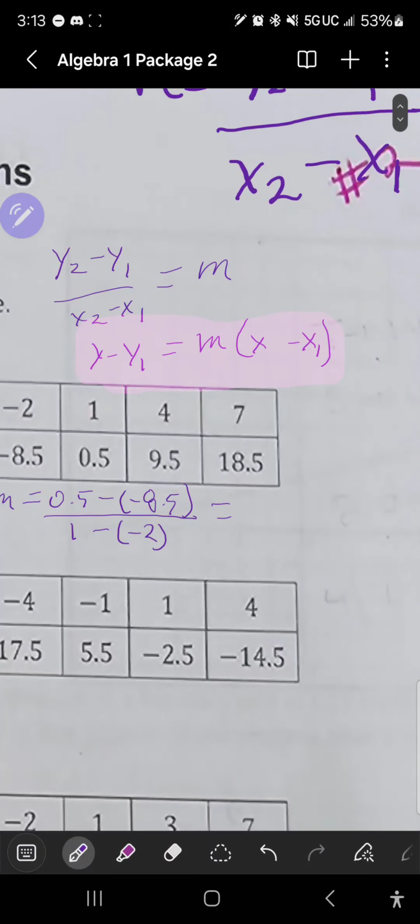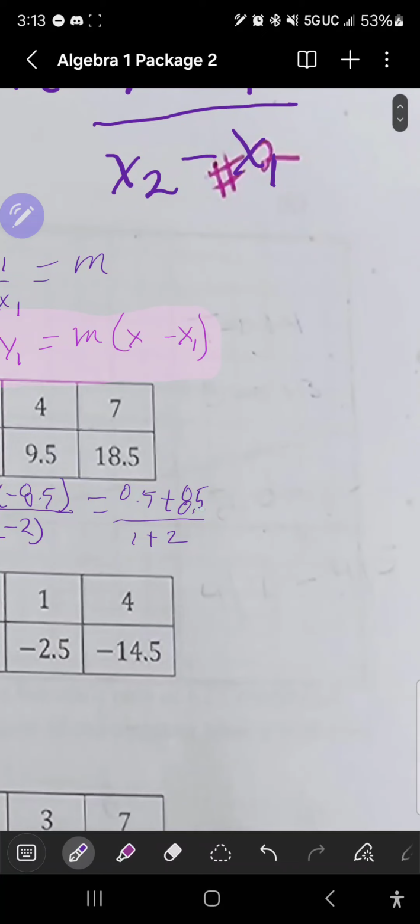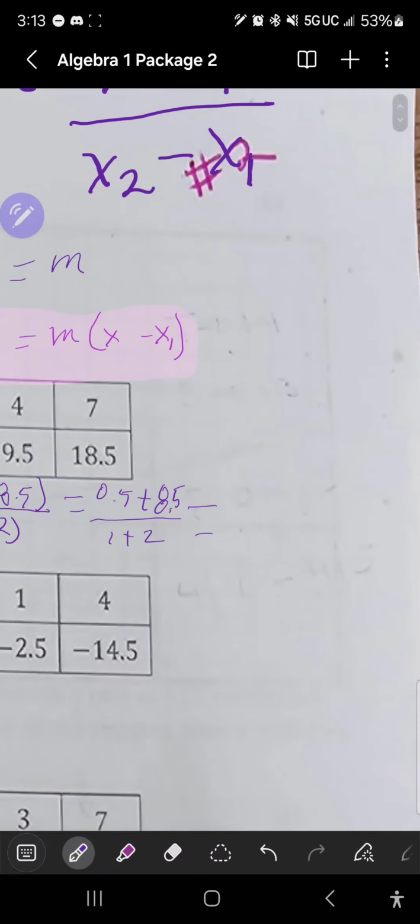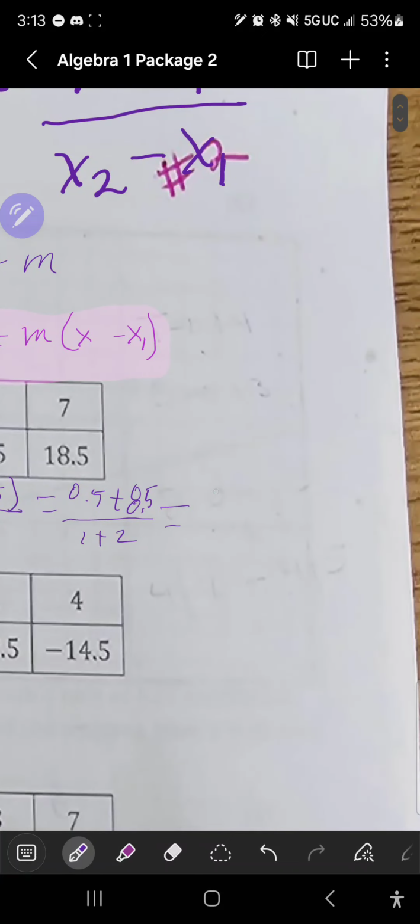So it will be 0.5 plus 8.5 over 1 plus 2. And now 0.5 plus 8.5 is 9, and 1 plus 2 is 3, and 9 divided by 3 is 3. So our slope is going to be 3.